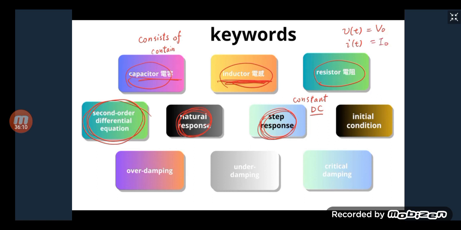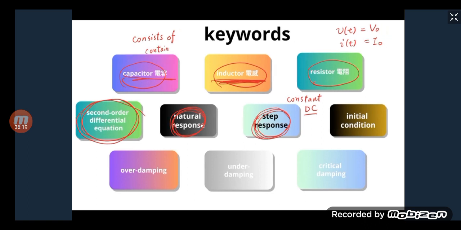And from the next chapter, from chapter 9, we'll talk about sinusoid current source or voltage source, which is alternating current. 直流就是 direct current。到这一章为止，我们还都在讨论那个直流，就是 DC。But from chapter 9, we will talk about alternating current source, which is 就是我们说的交流电。Okay.